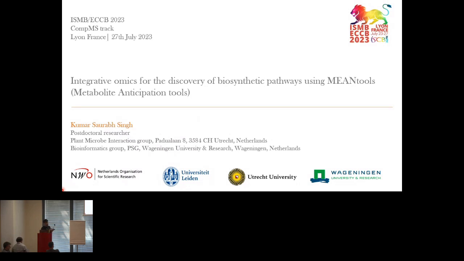But then the second step of MEANtools is the parsing of databases. MEANtools uses two databases mainly. RetroRules, which is a reaction database, has around 43,000 reactions. It gives you some information about different reactions, and also some meta information like the EC number, and most importantly the UniProt ID.